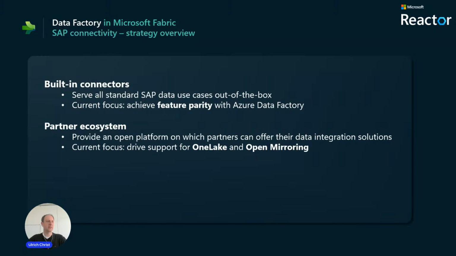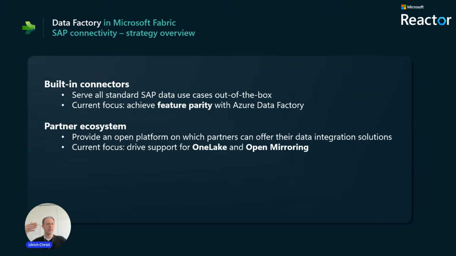Second piece, and that's just showing the breadth of our thoughts and of our ambitions when it comes to offering SAP data integration capabilities. There's a huge partner ecosystem for SAP data integration. You might have worked with some of these partners yourself. You might have heard some names. There's plenty of names, and I'll show more detailed slides later on.